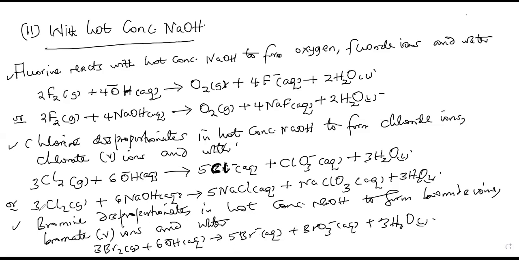So you can write the molecular by saying 3 bromine molecules plus 6 sodium hydroxide, forming 5 sodium bromide plus sodium bromate plus 3 water. So still you can use molecular equation.